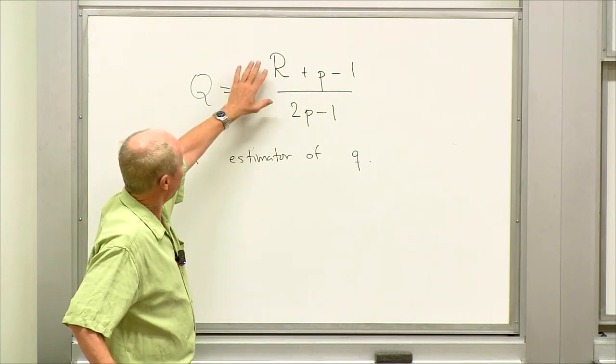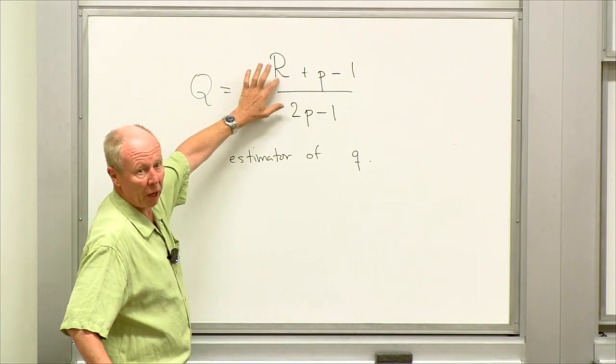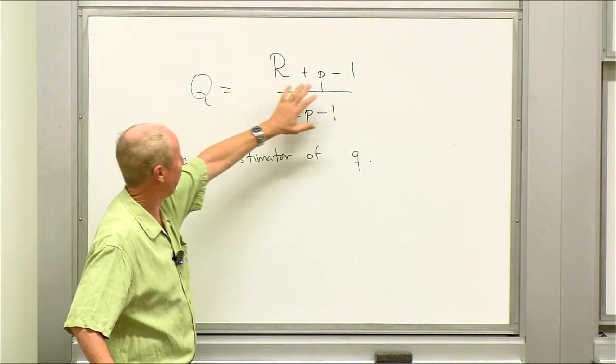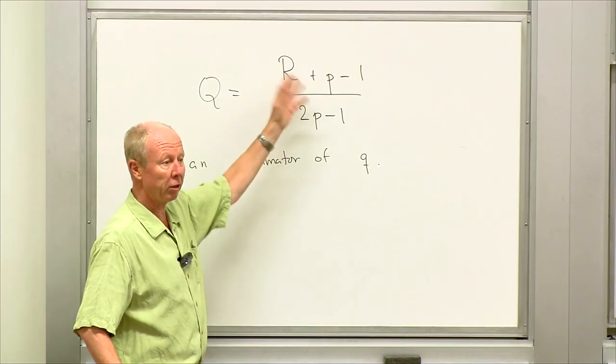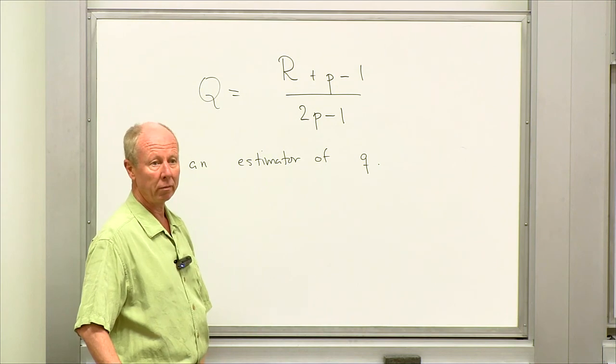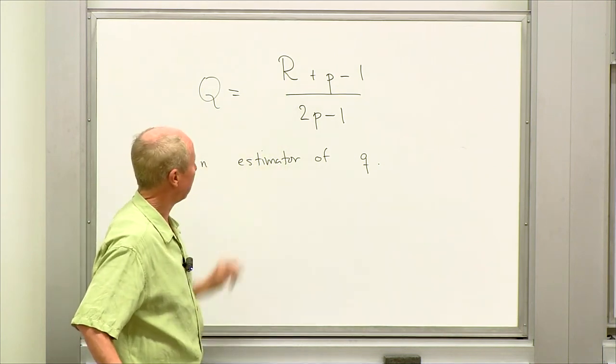And this is a pretty reasonable function of this variable, right? You just add something and divide by something. That's continuous. It's a linear function, in fact, of the variable.